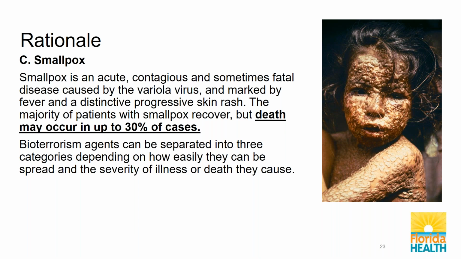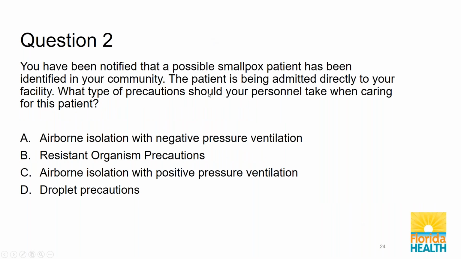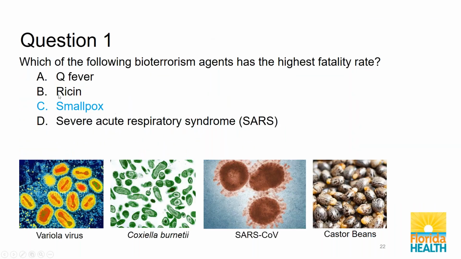Bioterrorism agents can be separated into 3 categories depending on how easily they can be spread and the severity of illness or death they can cause. So if we go back and we look at our list, we have Q fever, ricin, smallpox, and SARS.